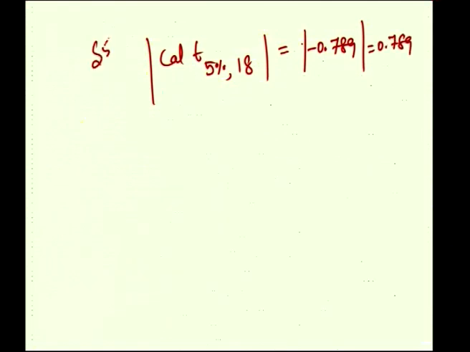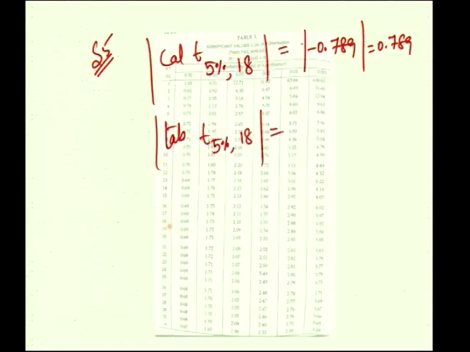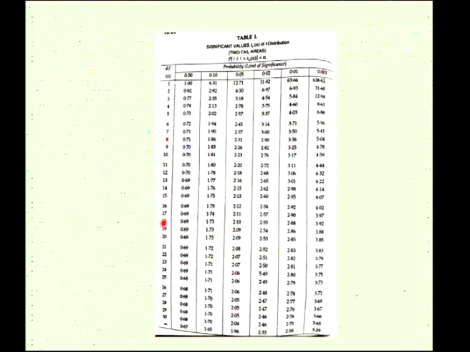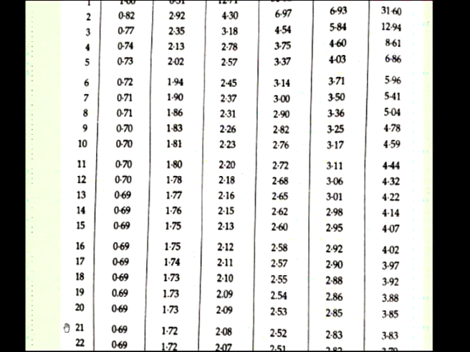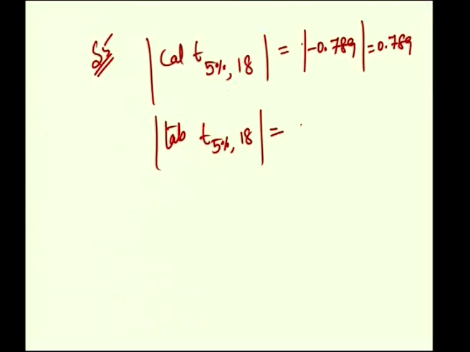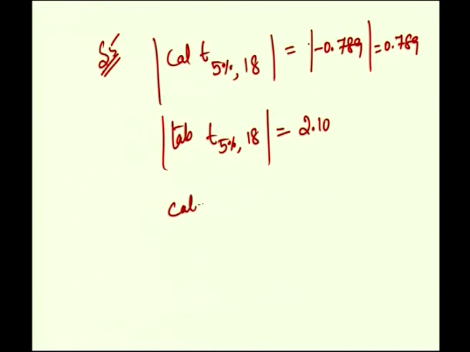We are now in step 5, the conclusion step. So, tabulated T at 5%, 18 degrees of freedom, you have to refer from the tables. 18 degrees of freedom at 5%, this particular value is 2.10. Calculated value is much lesser than tabulated value, therefore H naught is accepted.